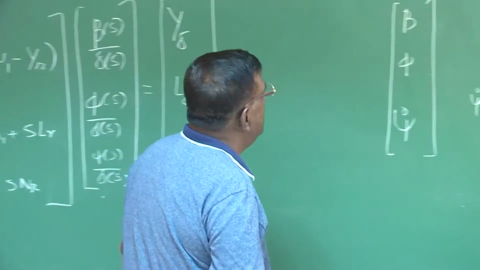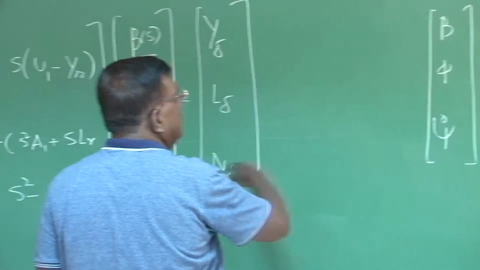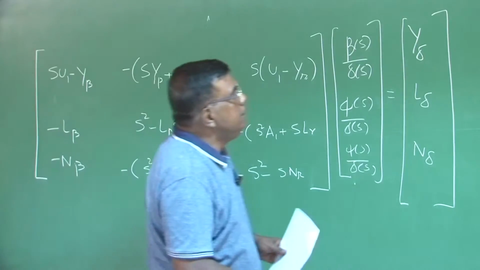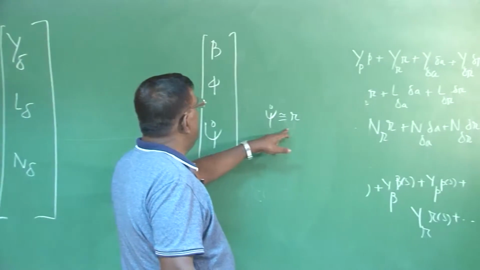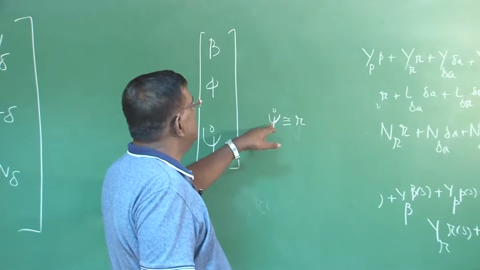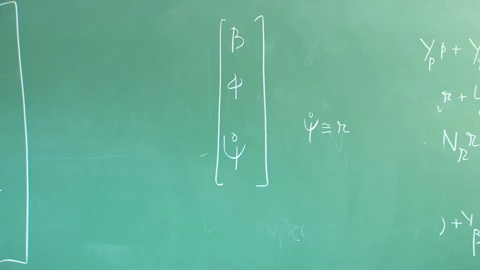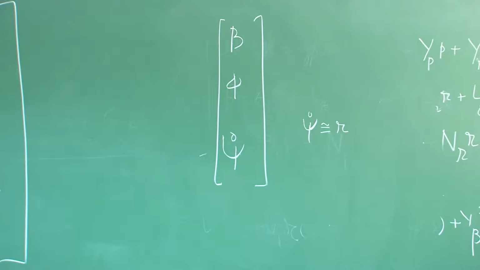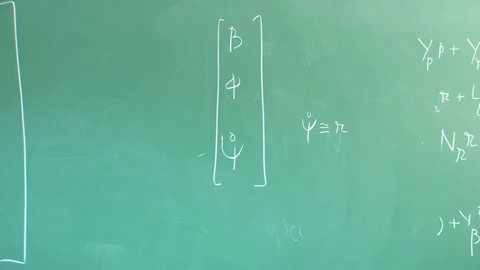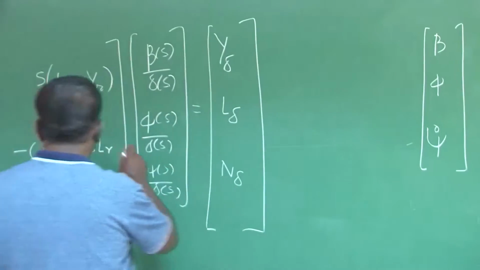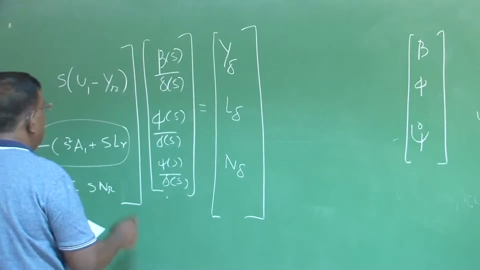So if you want to write the same equation using psi dot, what will be the change? You could see for R, we have used psi dot. Now psi dot is a motion variable, so the only change you will get is that wherever this appears, if this is psi dot, then this term will have one S less.